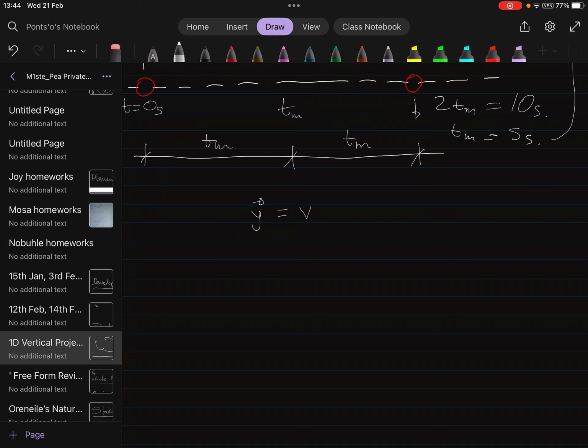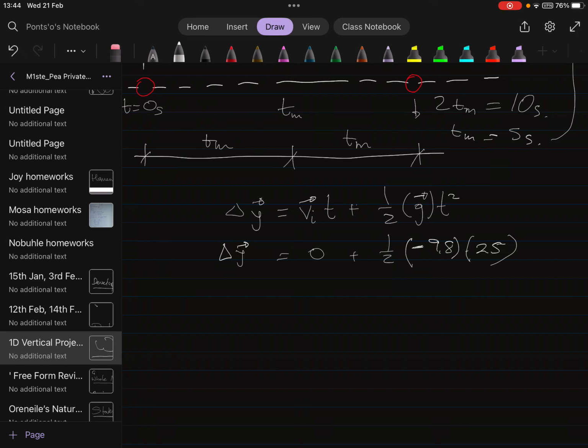And how we do that, we'll take the upward movement: displacement is initial velocity times time plus a half times acceleration due to gravity times t squared, which is 0 plus negative 9.8 times t squared. t squared is 5 squared, so let's just say 25.